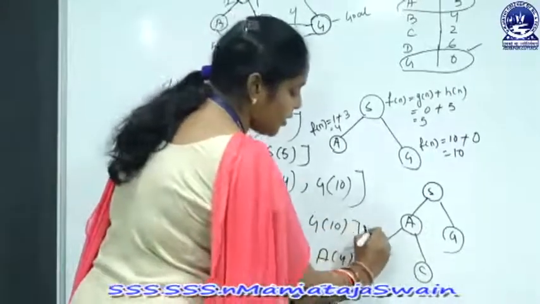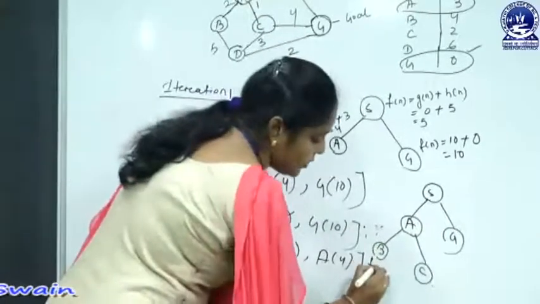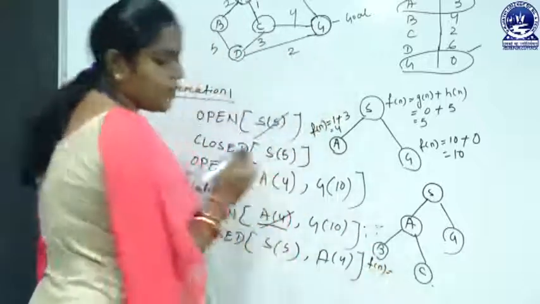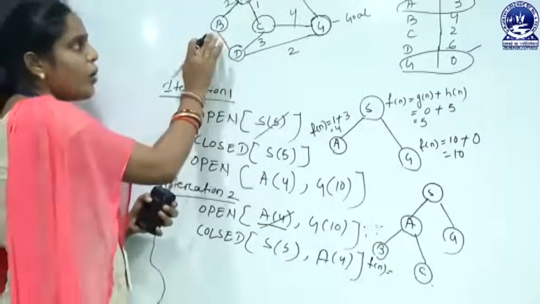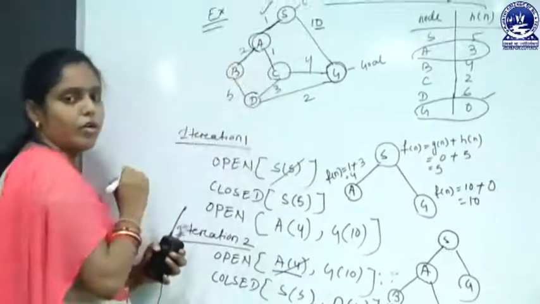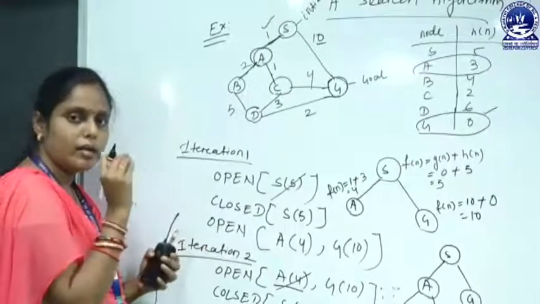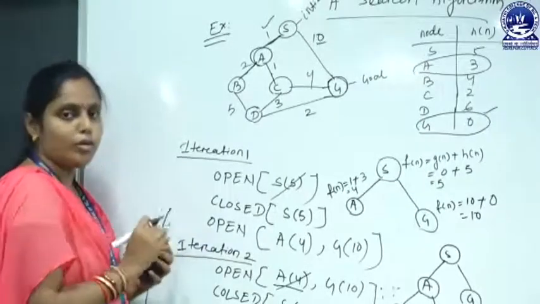Now look at here, for the evaluation function value for B, first we take the Gn value. Here for node B, the Gn is this value plus this value, because the Gn value always is the cost from the starting node to that node.